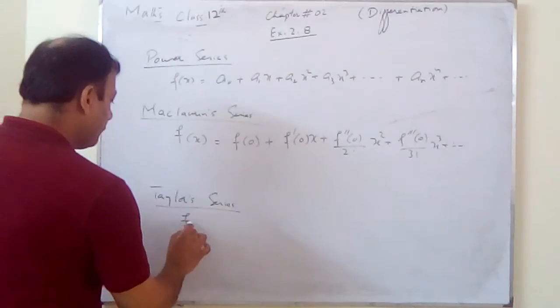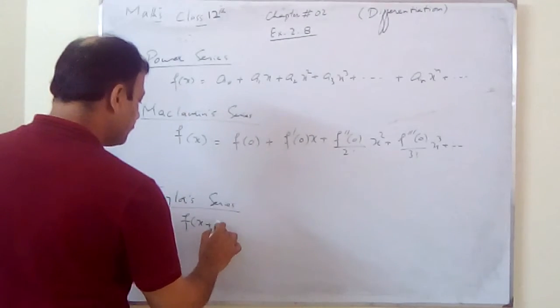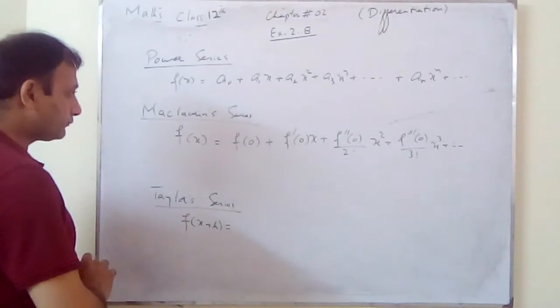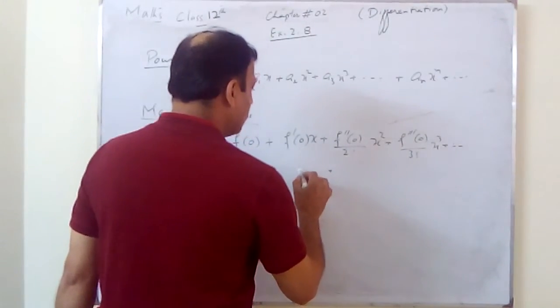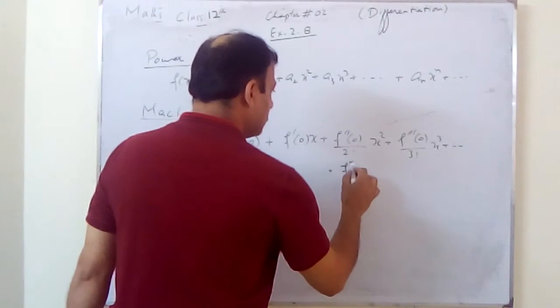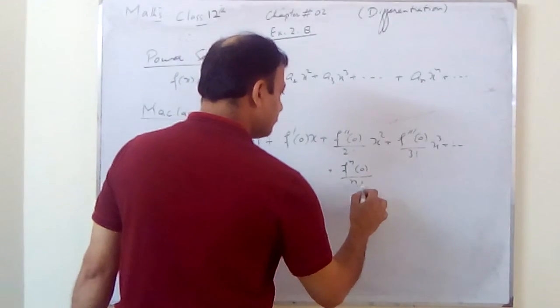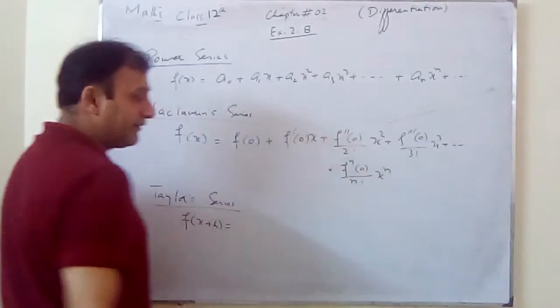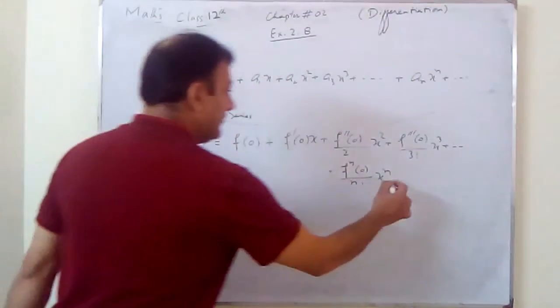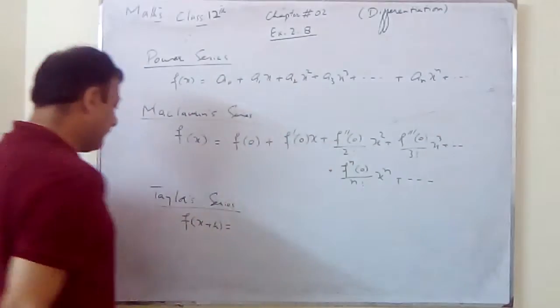Here f of x plus h is equal to, if you want to write the general term, it will be like this, but this is not power, this is nth derivative and it goes on infinitely.